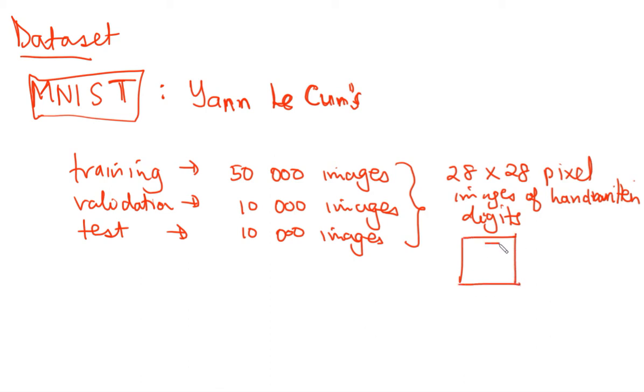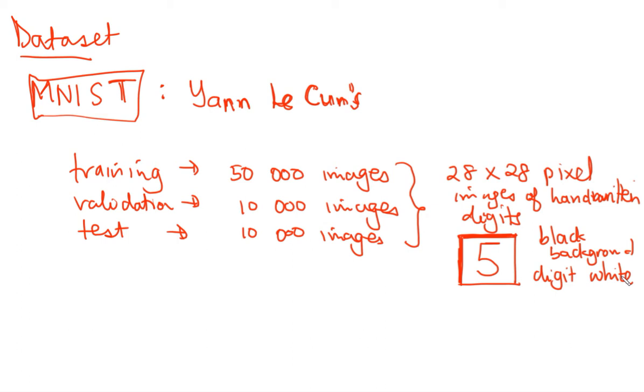So something that's written, let's say a 5, is written like that, handwritten in a 28 by 28 pixel box. And the box itself has a black background, with the digit itself being white. So that's what we'll be using.